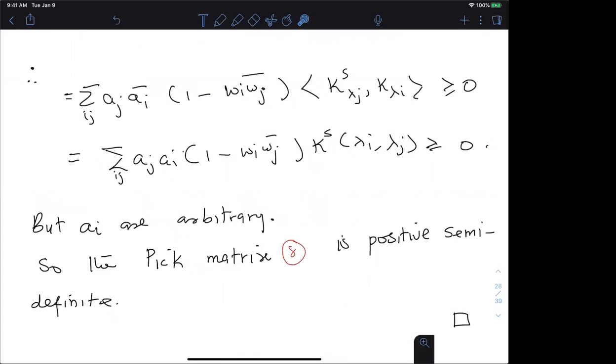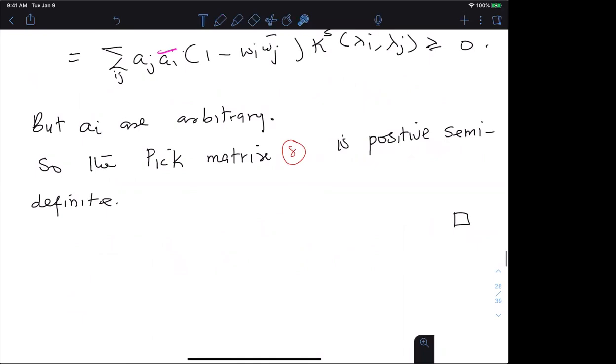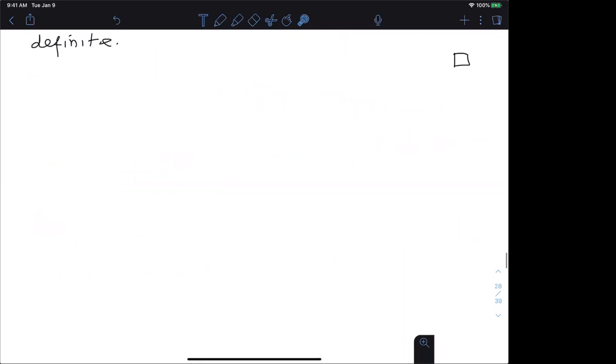Because the a_i's, I think there should be a bar here, are just arbitrary constants, it means that the Pick matrix, which is basically by definition, is going to be positive semi-definite. So if the solution exists, then the Pick matrix associated with the problem is positive semi-definite.